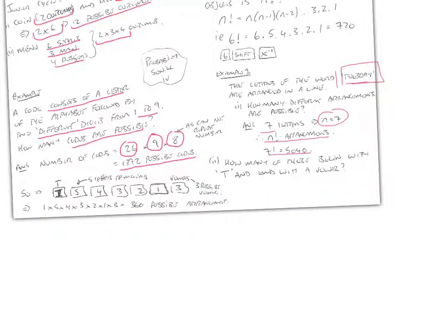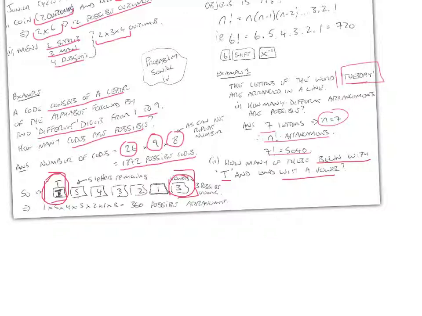Now, we might be asked how many of these arrangements begin with T and end with a vowel. Okay. Well, to find that, we have T at the beginning, and we have a choice of 3 vowels at the end, and that leaves us with 5 letters to play around with in between the T at the beginning and one of 3 vowels at the end.